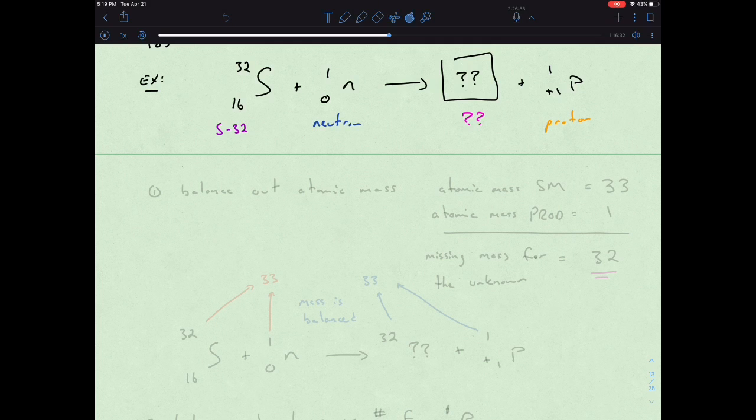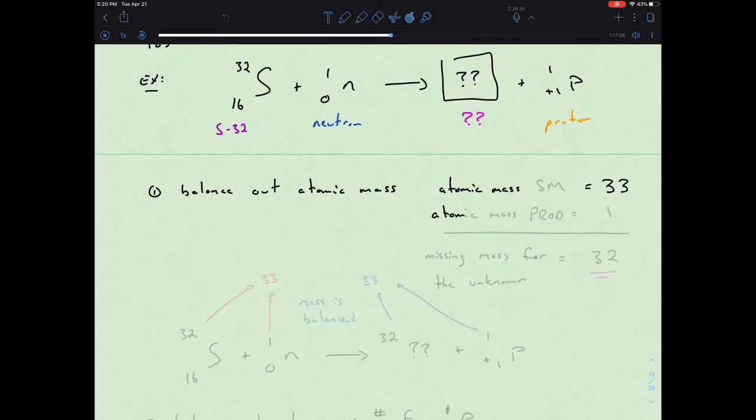So, first balance out atomic mass. Basically, if we look at the atomic mass on our product side, that's equal to 33.